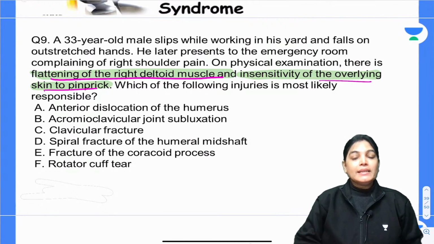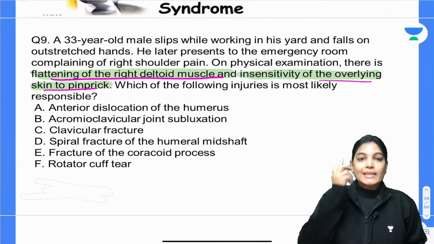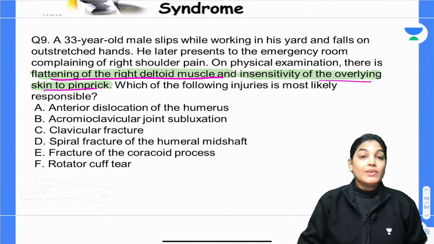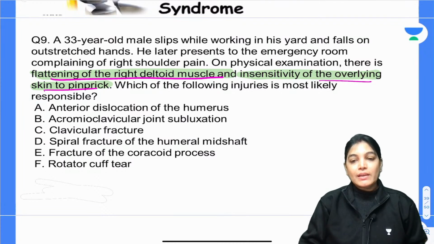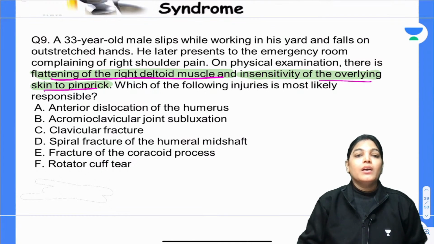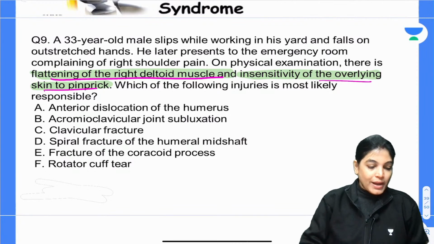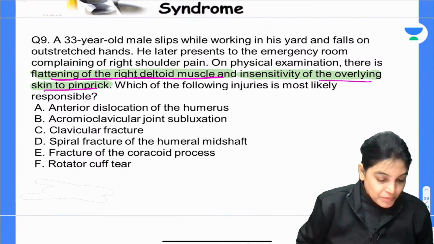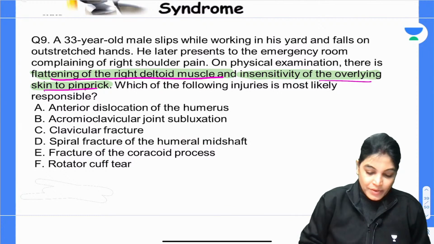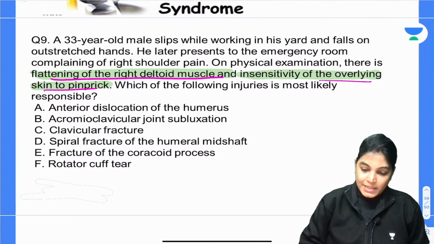Whether this is a case of anterior dislocation of humerus, acromioclavicular joint subluxation, clavicular fracture, spiral fracture of humeral midshaft, fracture of coracoid process, or rotator cuff tear. So according to you, which is the best answer here? Parvez is telling it's F, rotator cuff tear. What about others?